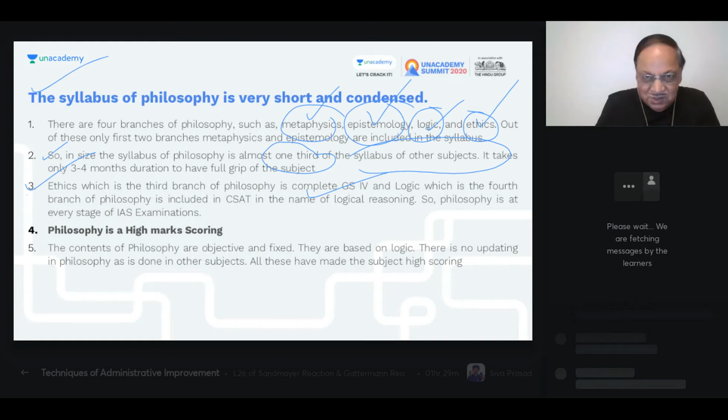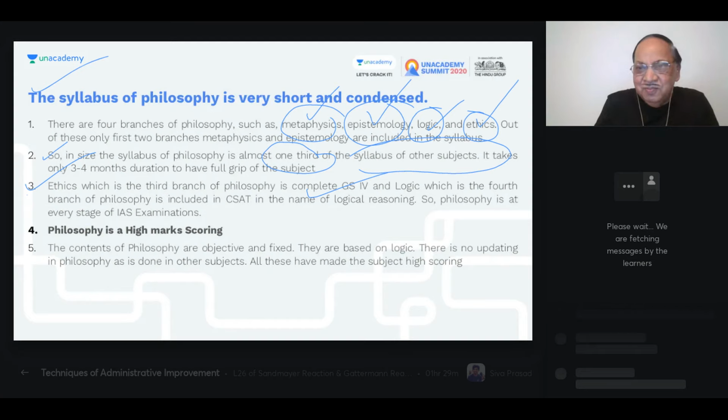So what you find is that since the syllabus of philosophy includes only metaphysics and epistemology, its syllabus has become so short that, I am telling you, even the setter faces the problem of setting the questions, because he has to set almost 17-18 questions on 17-18 topics.